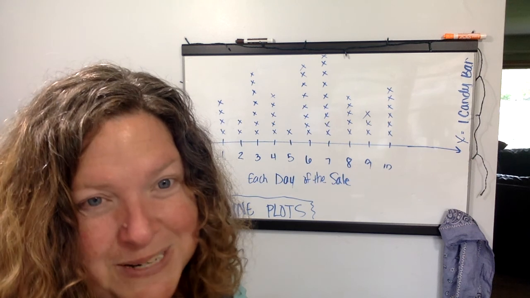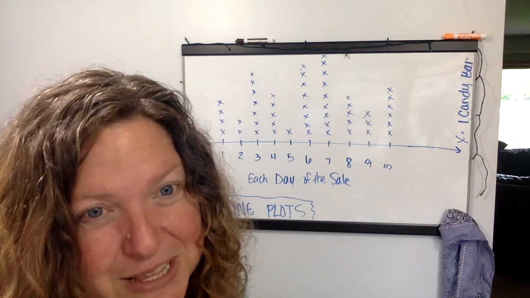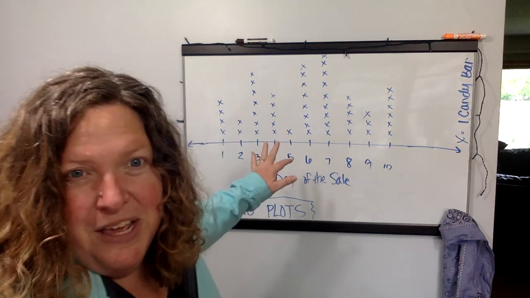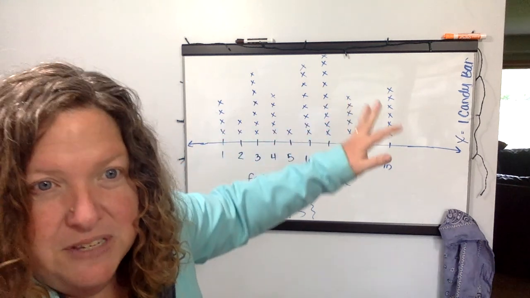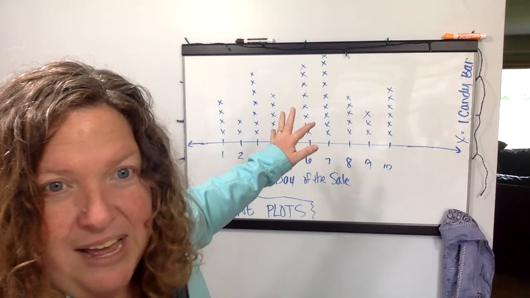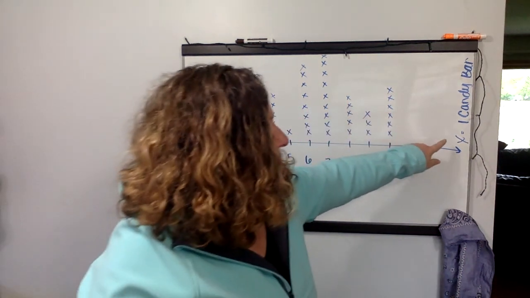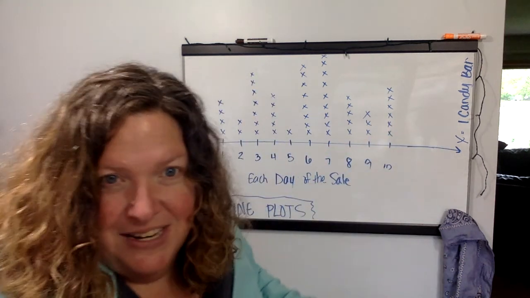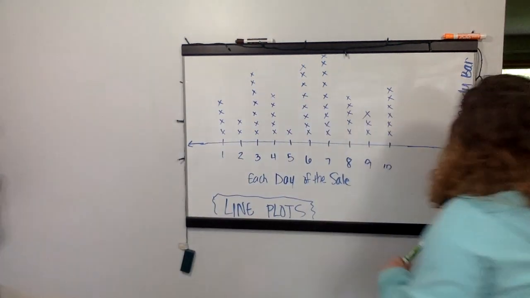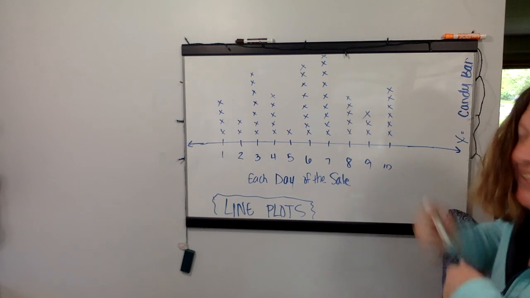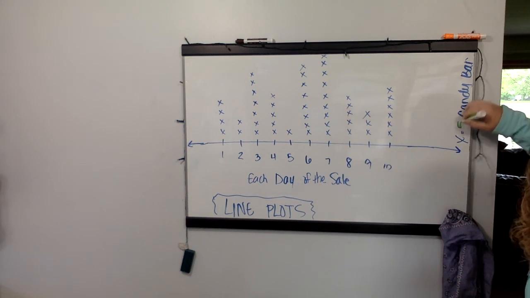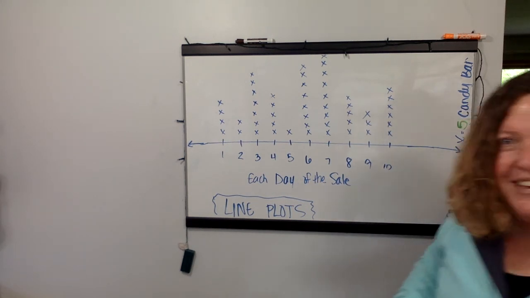Now, the last thing I want to tell you, and I could have maybe told you this at the beginning too, but we talked about it just a little bit, is that sometimes they'll give us a line plot where it's not 1 to 1. It's not that X is 1 candy bar. They might say, no, X isn't 1, it's 5 candy bars.